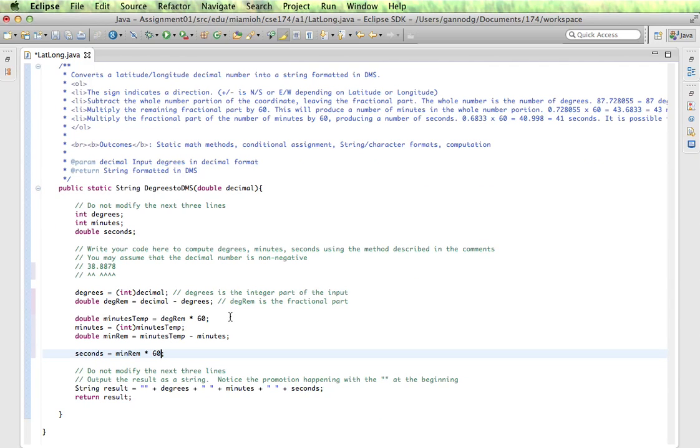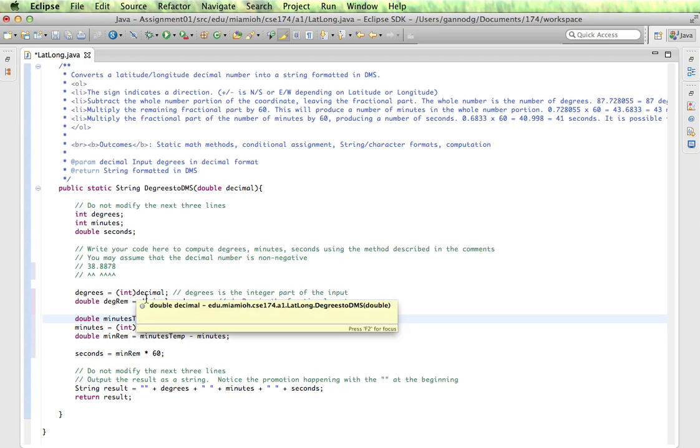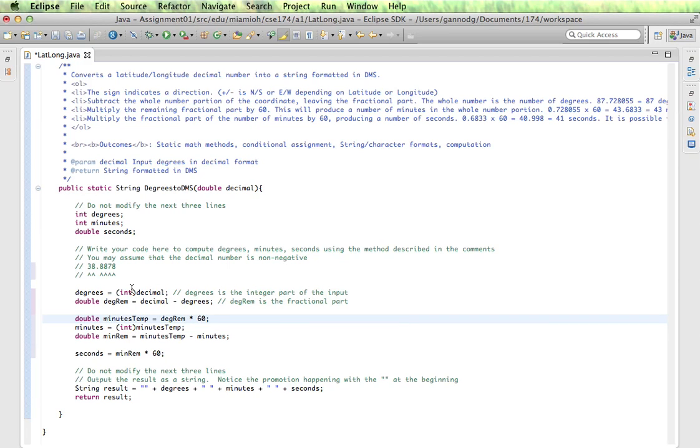Okay, so that's the program. If you just follow the steps, and just remember this fact here, that if I want the fractional part, I just subtract the integer part from the original number, and if I want the integer part, I just do a cast, and that's what I've done here.